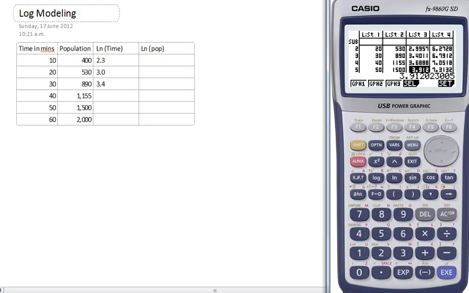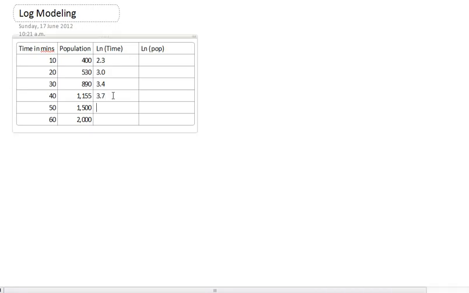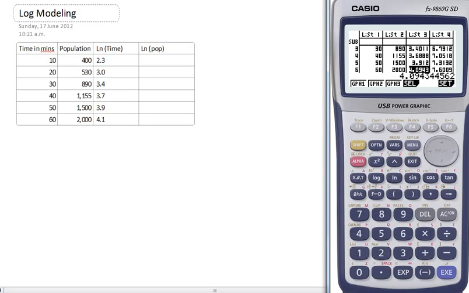Notice how I'm rounding these, because I'm not going to be able to plot to more than one decimal place. 3.7, 3.9 and 4.1. Okay, the reality is you cannot plot better than that, so you might as well not try.